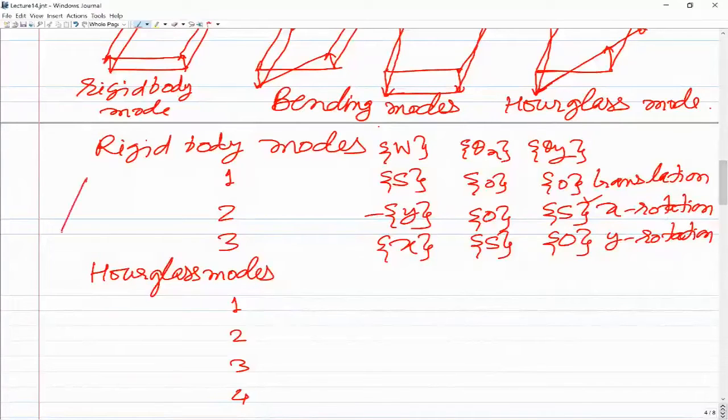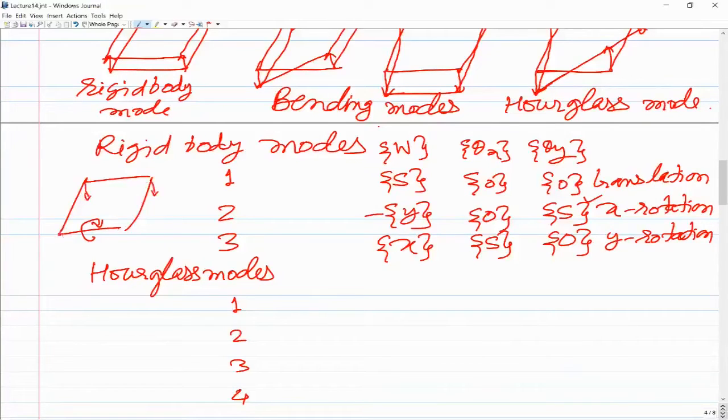So let me sketch over here. If there is a rotation about the negative x axis like this, because of this rotation the displacement would be in the z direction. The displacement would be proportional to y, and because of the rotation about the negative x axis, these nodes will move in the downward direction.